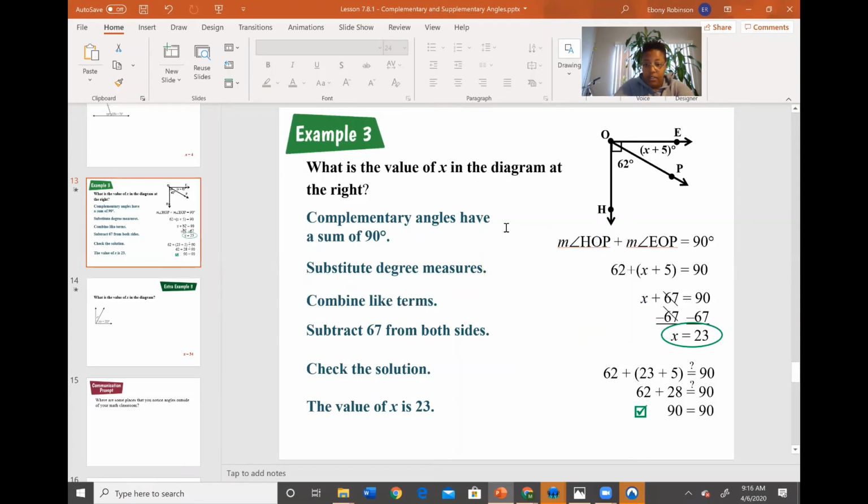What's the value of x in the diagram at the right? So here you go, same thing. Like I said, measure angle HOP, measure angle EOP. They're telling you the vertex is the O, okay? So once again, I am going to move that out and I'm gonna give you different variables.